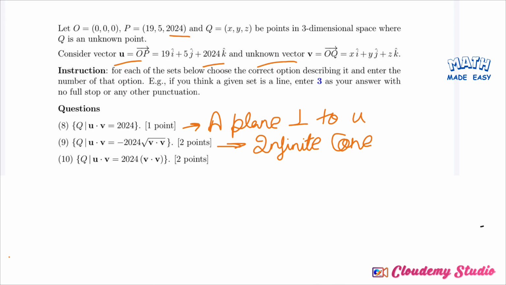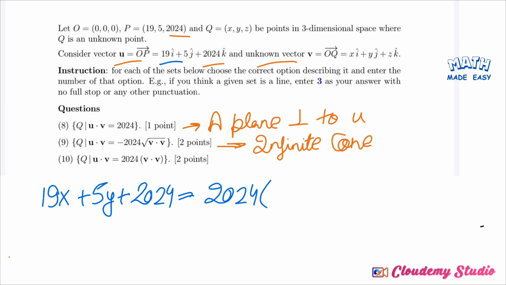So this is the set of points satisfying 19x plus 5y plus 2024 z equals 2024 times (x squared plus y squared plus z squared), with the right hand side and left hand side like this.